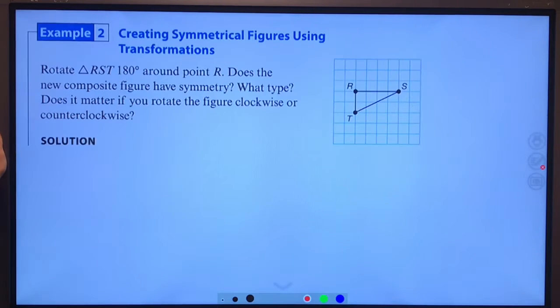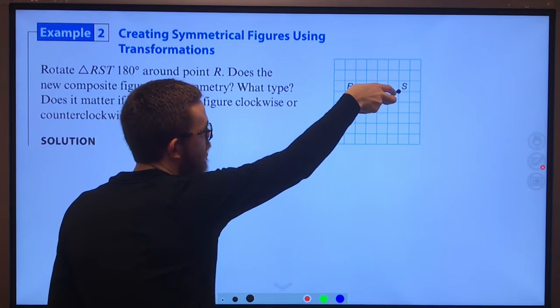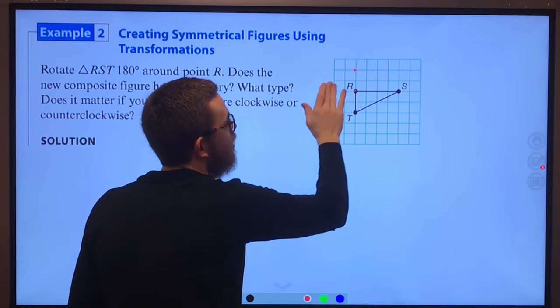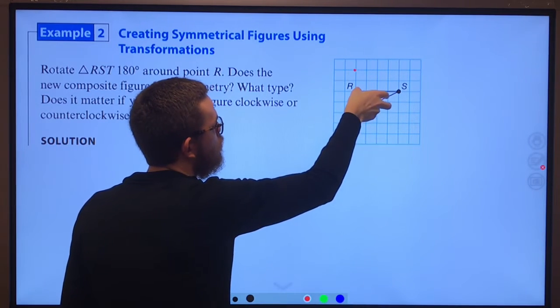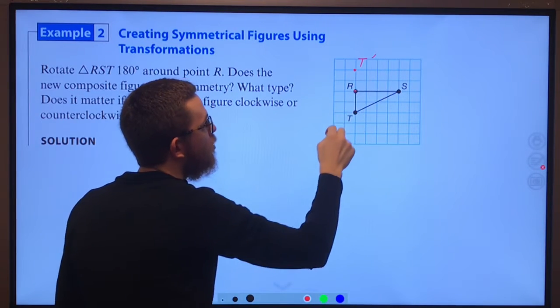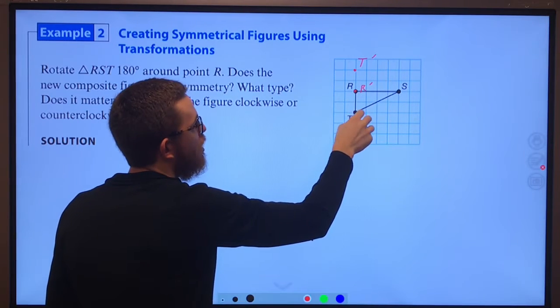All right, so let's take a look at this. It says, well, first we want to rotate RST 180 degrees about point R. There's RST, we want to rotate it about point R. If we rotate it, it means that angle T, or T prime, would be right there. R prime, of course, would not change.